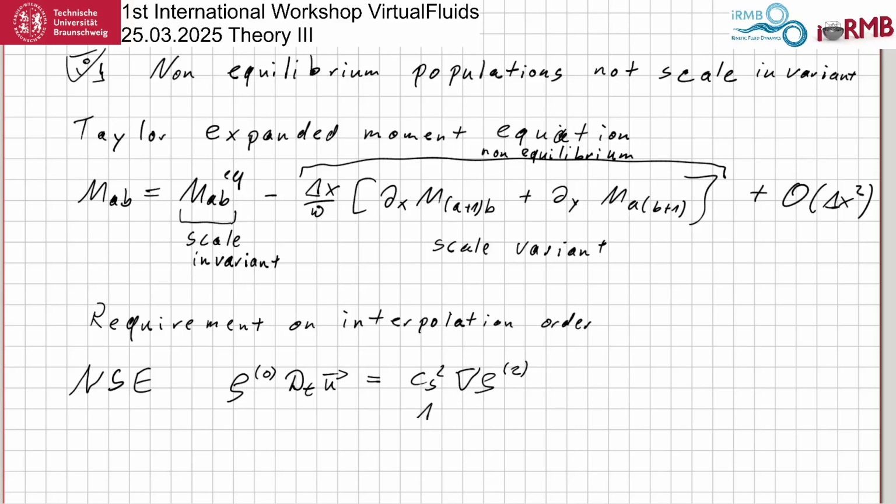So this is a first derivative, right? Since it's a first derivative, and as I said, this is hand waving, if we want to see the first derivative, we need at least a linear interpolation of this. Linear interpolation is at least required.